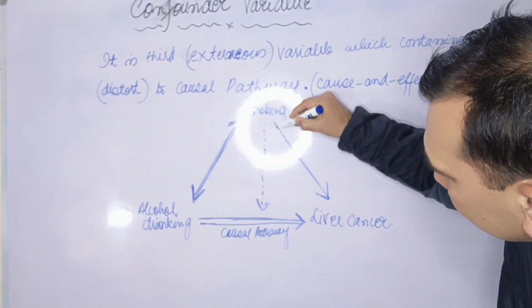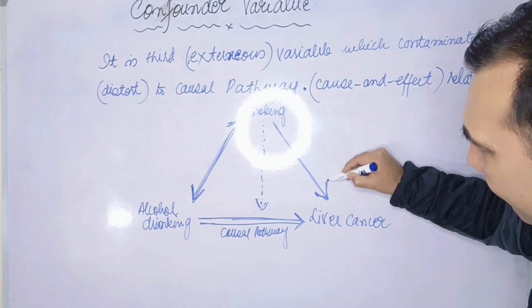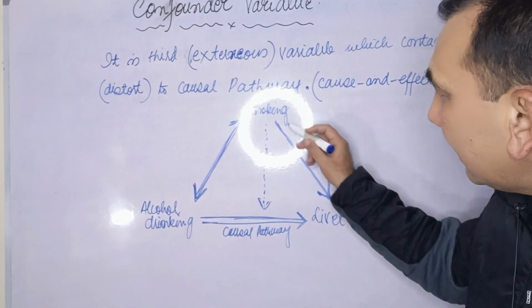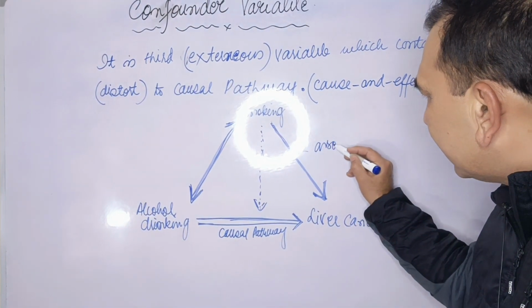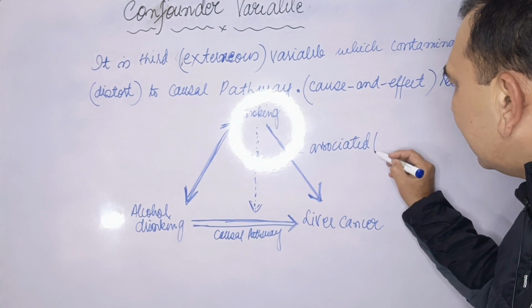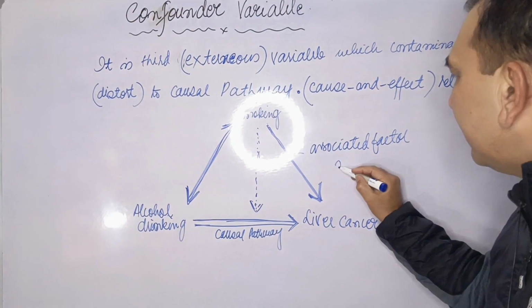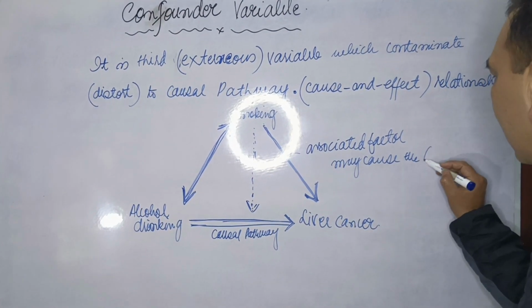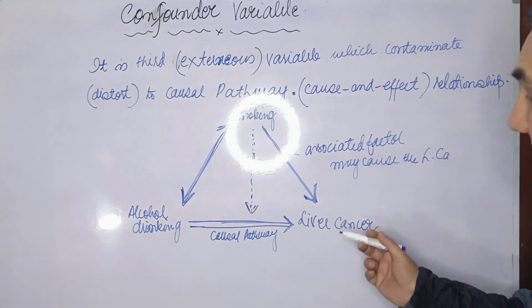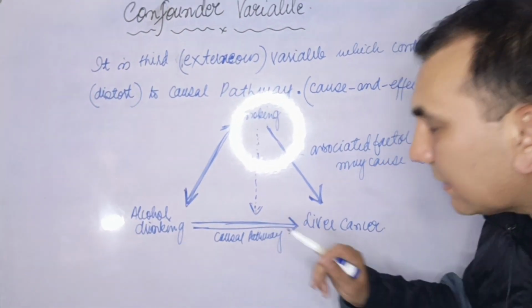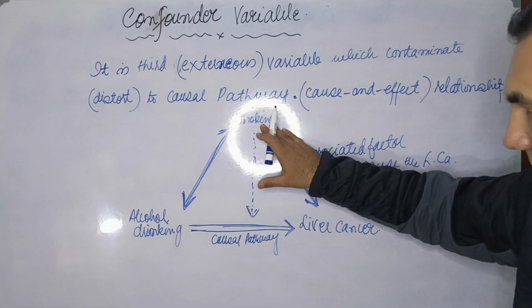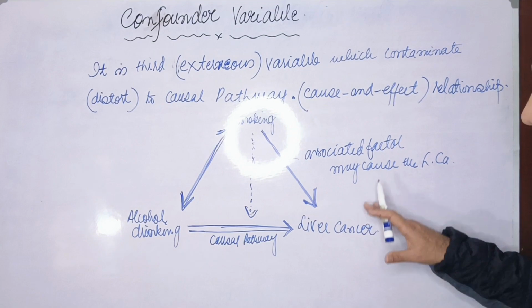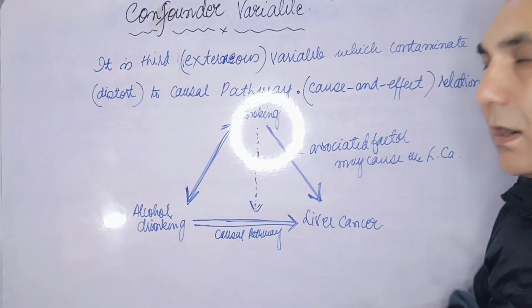Now see the other arrow. The arrow of the smoking towards the liver cancer is one-sided. It means smoking is an associated factor which may cause liver cancer, but it does not fall in the causal pathway.